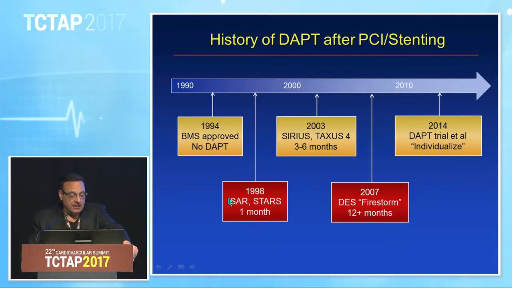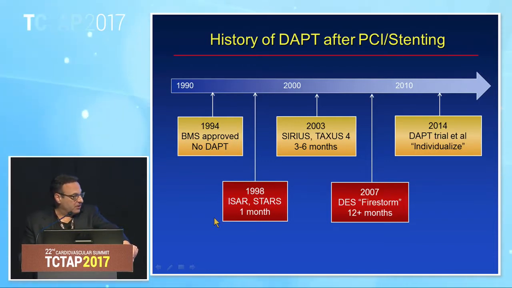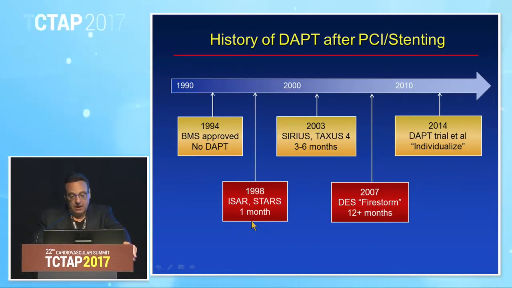Then in the late 1990s, the ISAR trial first and then the STARS trial showed us that the use of dual antiplatelet therapy, in this case with ticlopidine and aspirin, improved outcomes, and this was given for 1 month, partly because it was bare metal stents, partly because of the toxicity of ticlopidine.